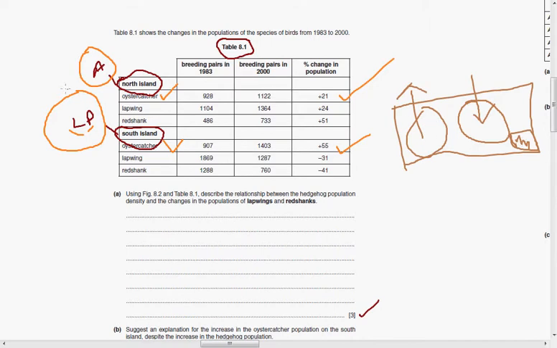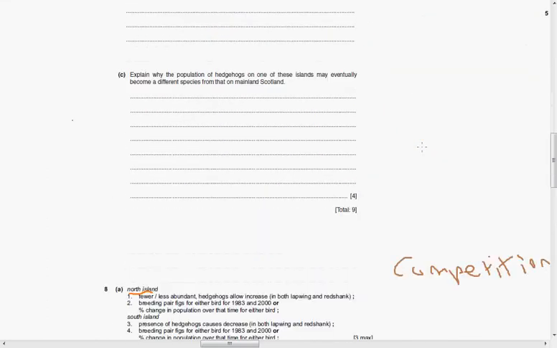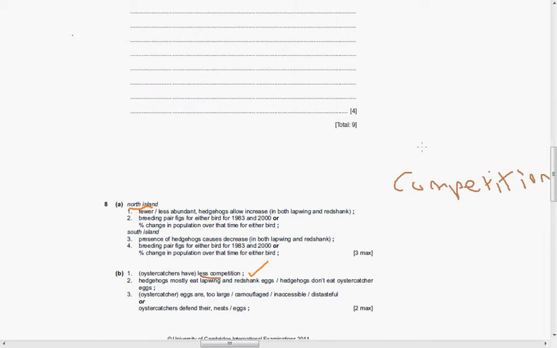This hedgehog and this lapwing and red shank, they have a relationship, and that's why when this increases, this decreases, and so on. But these ones, oyster catcher, there is less competition. They do not have a relationship of this kind. That's why the term competition is very important. It is supposed to be mentioned in such cases.